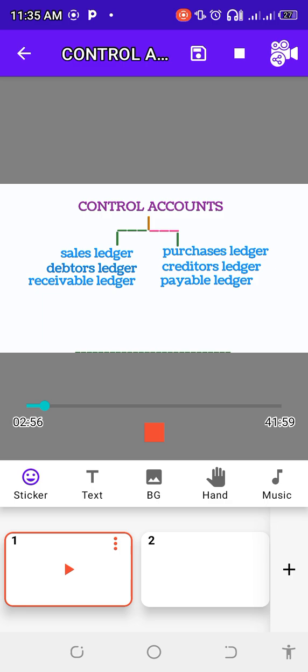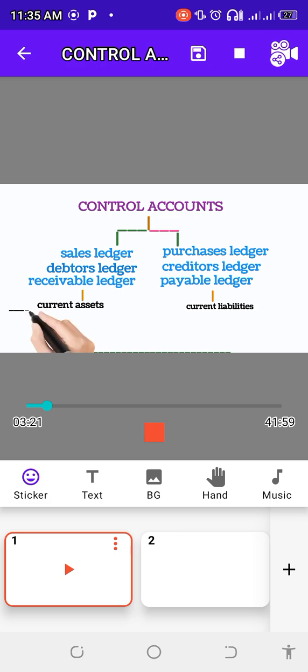Now, we are going to dwell much in this tutorial on the sales ledger control account. The sales ledger control account is a current asset account, while the purchases ledger control account is a current liability account. As a current asset account, the sales ledger control account increases on the debit side and reduces on the credit side.